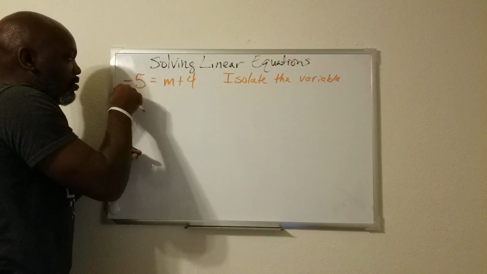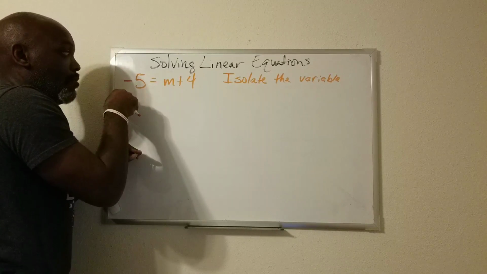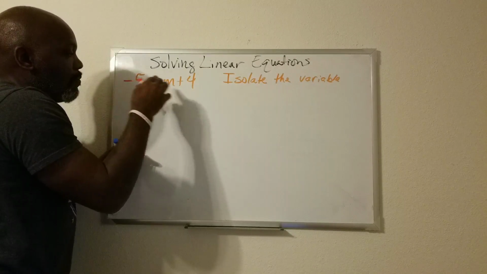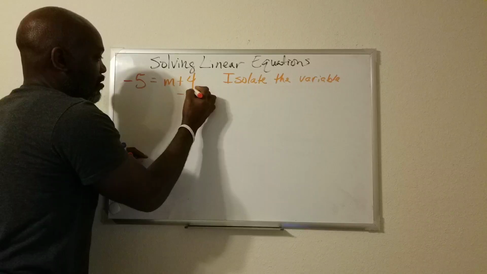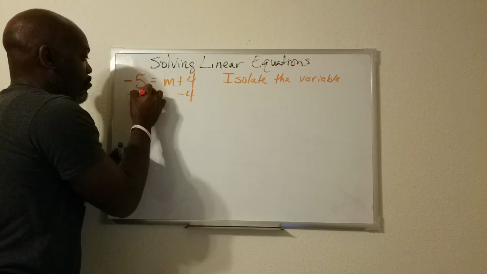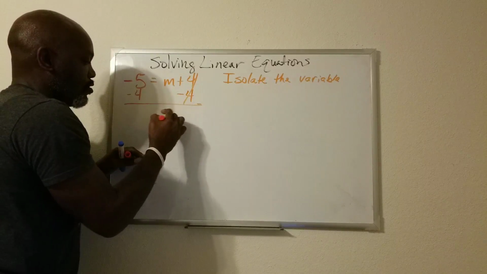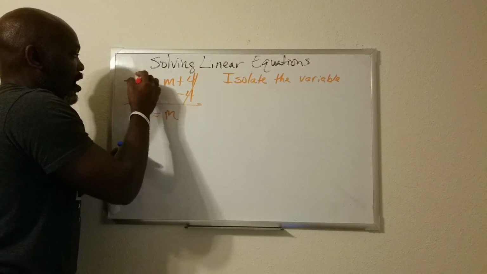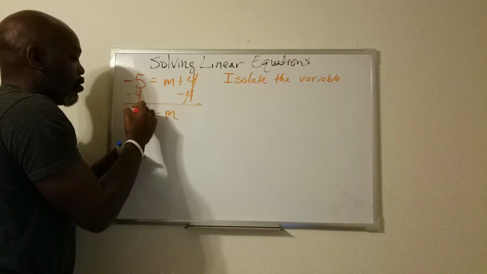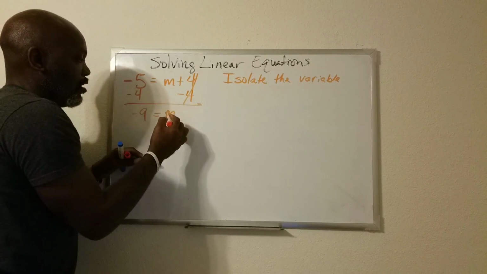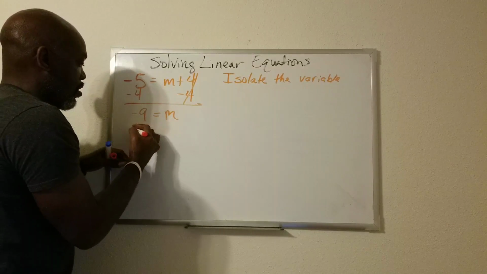Now, it would make sense to bring m over here because it would not be by itself. So we're going to use the subtraction property of equality to cancel out the 4s. That leaves us with -5 minus 4, which is -9, is what the letter m represents. How do we check it?